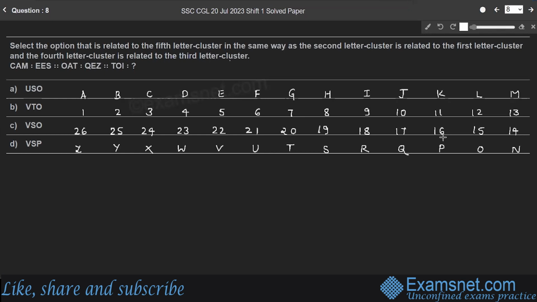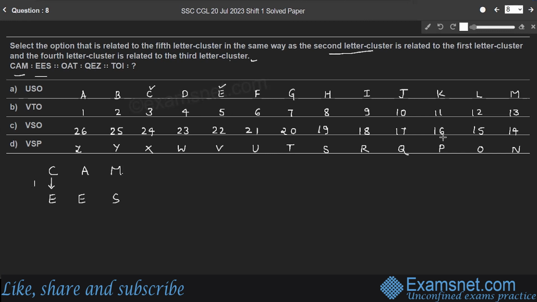Question 8. Select the option that is related to the fifth letter cluster in the same way as the second letter cluster is related to the first letter cluster and the fourth letter cluster is related to the third letter cluster. Here, the first two clusters are CAM and EES. So these letters are related to EES as follows. The positional value of C is 3, of E is 5.